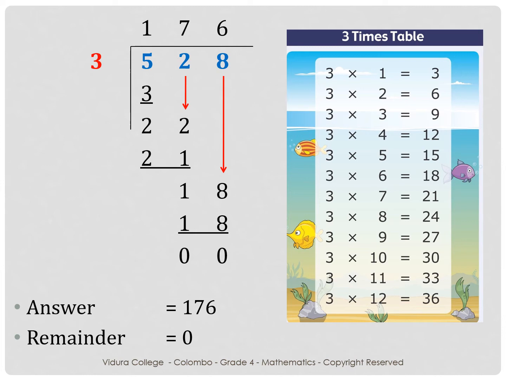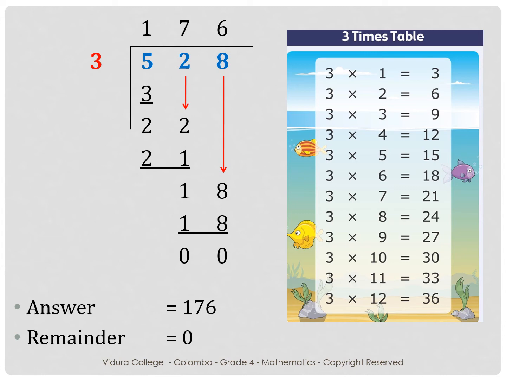Here we have 18. Now we want to consider not 8 but 18. Can you tell me how many 3 times are there for 18? Yes, children. Can you see? 3 times 6 equals 18. So, you want to write 6 above 8 as shown.